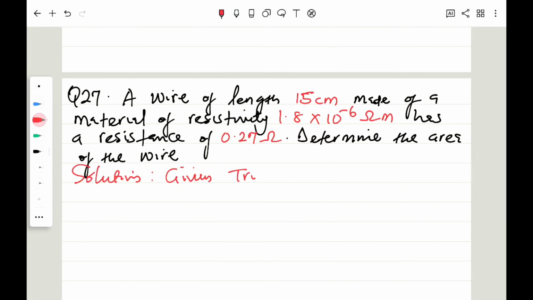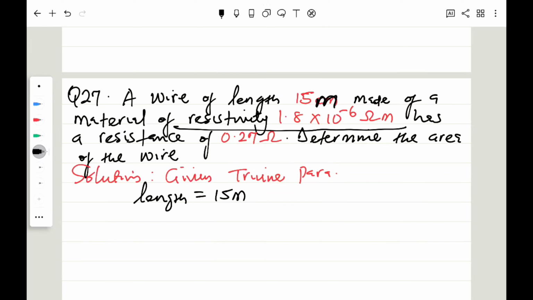Next question. A wire of length 15 centimeters made of a material of resistivity 1.8 times 10 raised to minus 6 ohm meter has a resistance of 0.27 ohms. Determine the area of the wire. So the given parameters, the length is 15 centimeters. Okay? Then, this is 15 meters rather. 15 meters from the question.